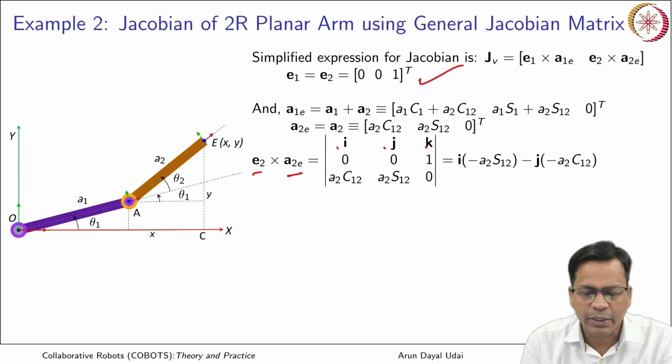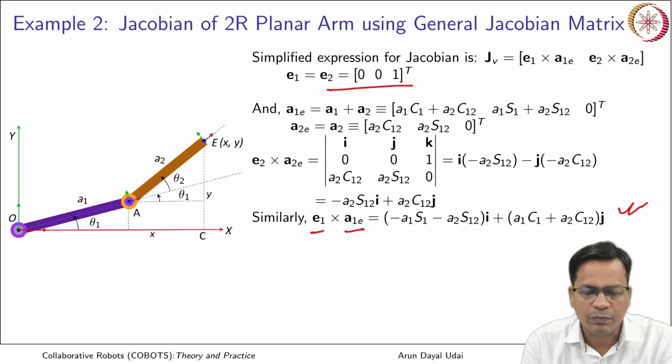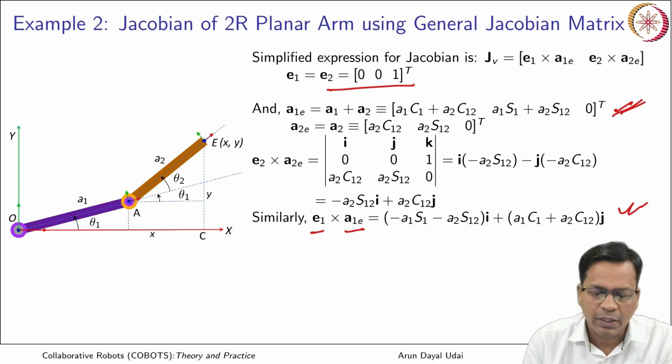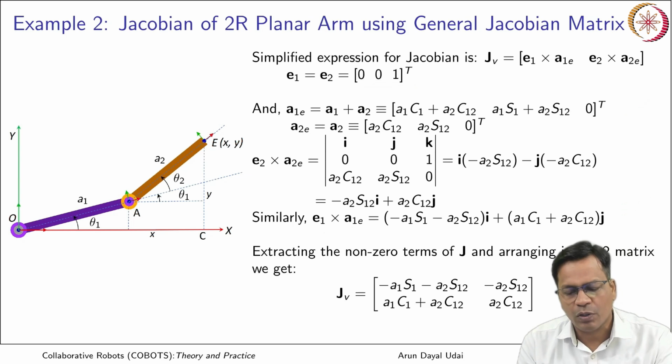So E2 comes from here, and from here you take A2E, it comes out to be this. And similarly E1 A1E cross product would take you to this. Again you take the first value from here and A1E from here, and you take cross product, you get to this.